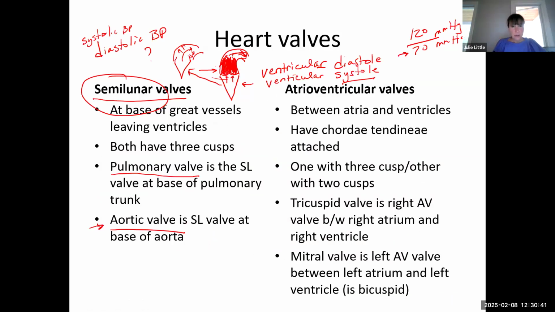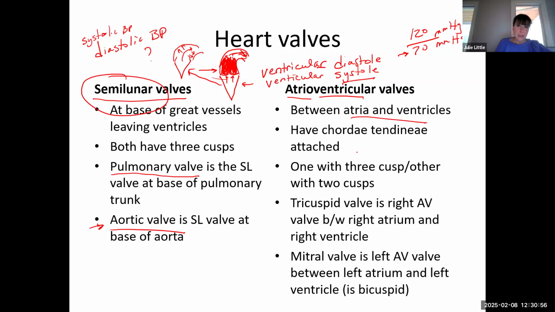Now, the atrioventricular valves are for the same thing, for one-way flow of blood through the heart, except the atrioventricular valves, as the name suggests, are between the atria and the ventricles.